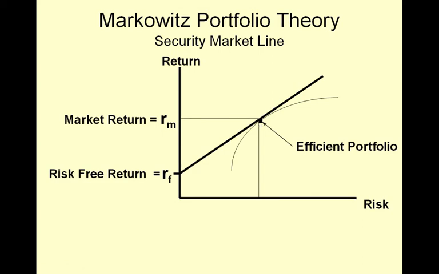So now we have an expanded set of opportunities available to the investor. The investor can select any point along this line connecting the risk-free rate to the efficient portfolio, and even going up here. So the investor can choose a combination of the risk-free rate and the market rate of return by choosing any point along this line.